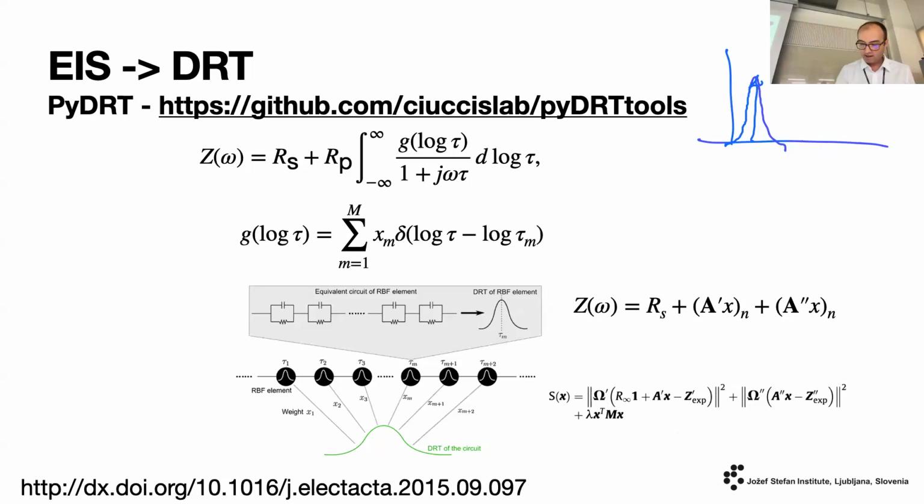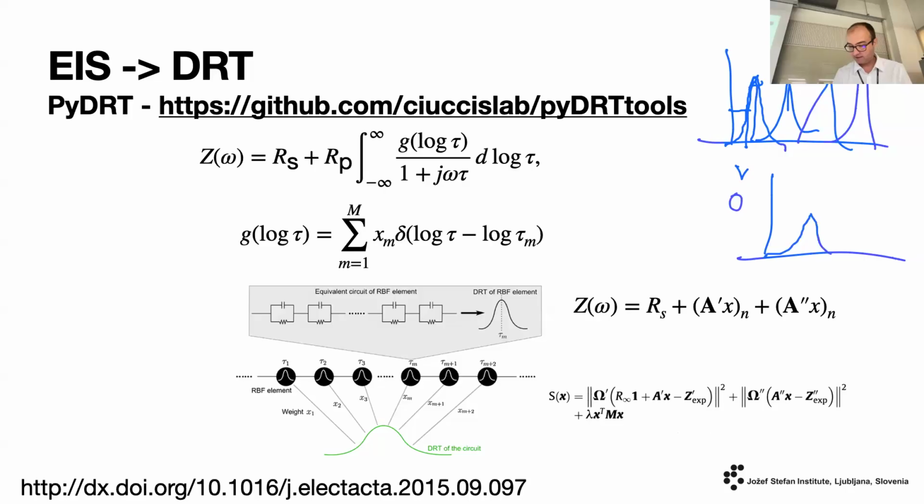He puts a lot of these heads, and when the optimization goes, some of these values go back to 0, some go back up, and when it sums it up, you get a head like this, and a head like this, and a head like this, and when you sum it all together, it becomes something like that. That is his algorithm in a nutshell.